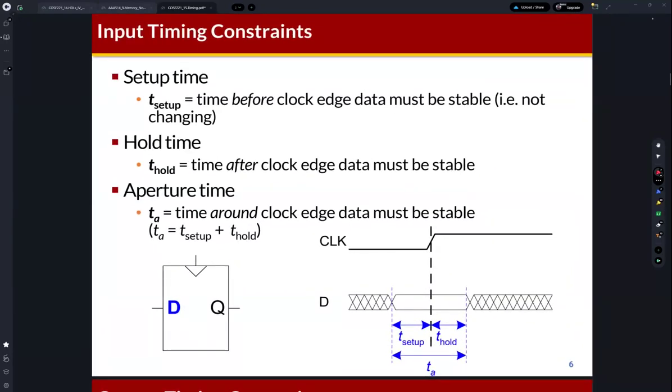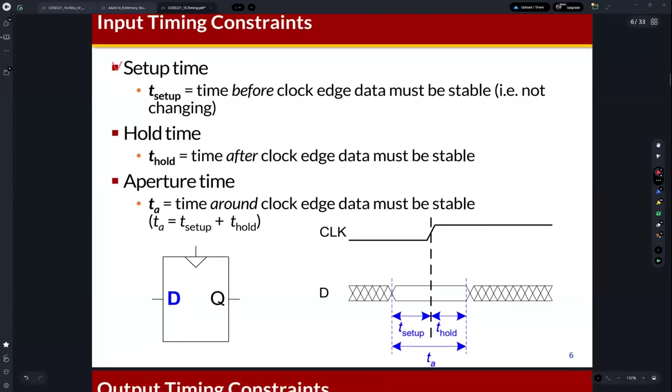For the input signals of this D flip-flop, we can consider two timing constraints, two timing characteristics of a D flip-flop. The first timing constraint is the setup time, and the second timing constraint is hold time.